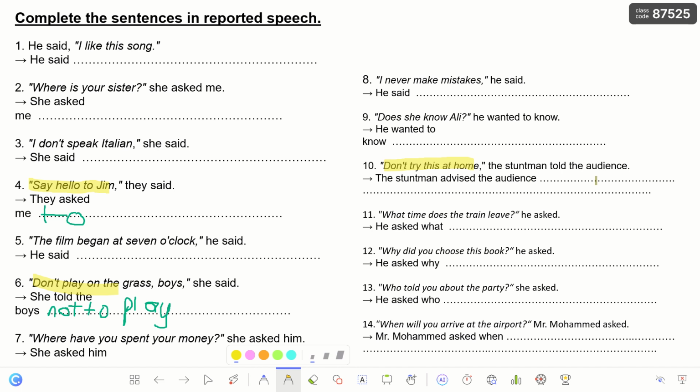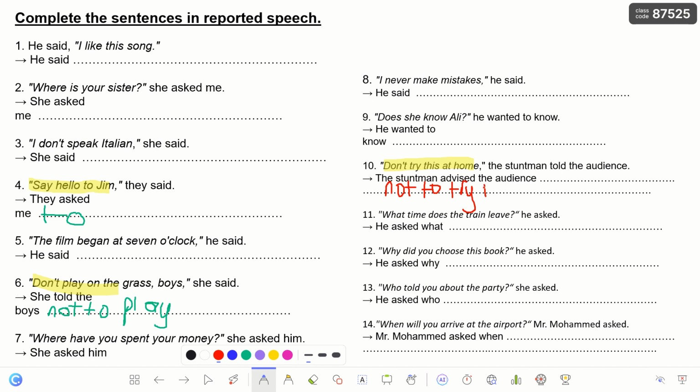So the stuntman told the audience, or advised, giving advice, the audience not to try this.